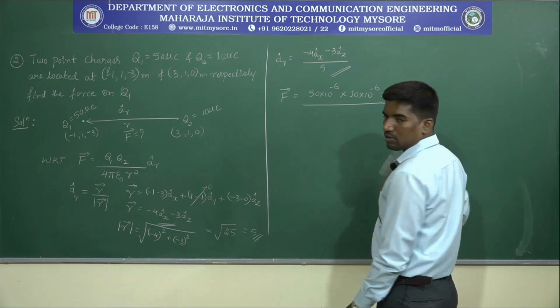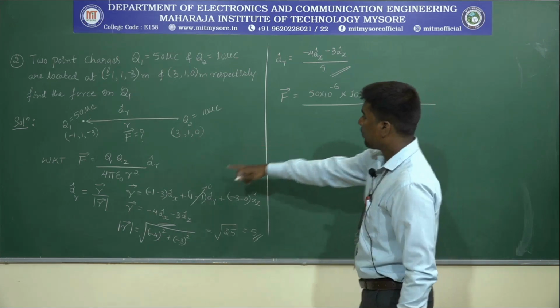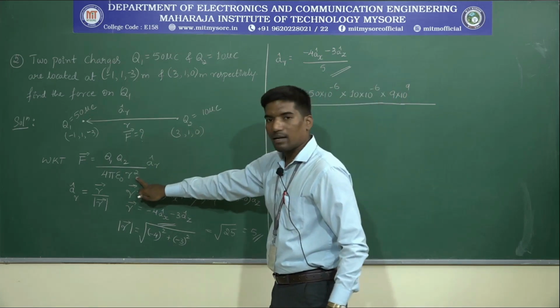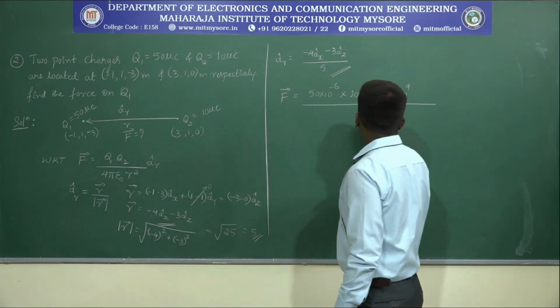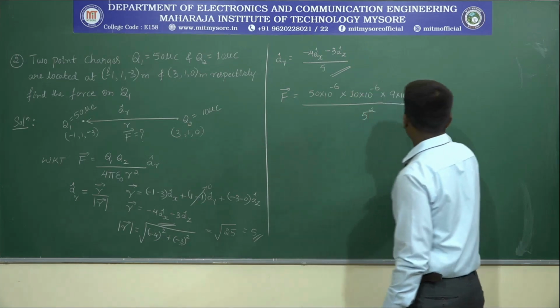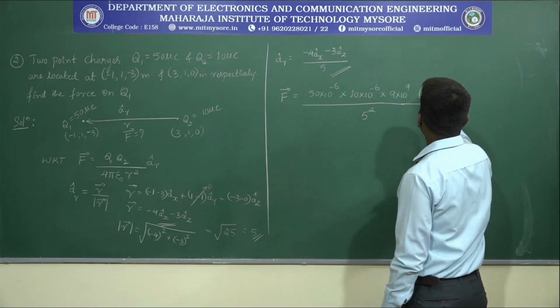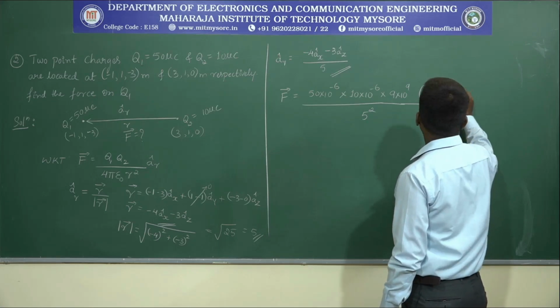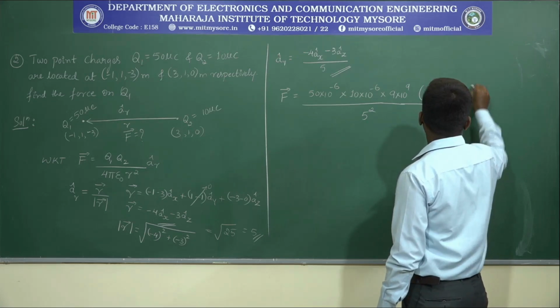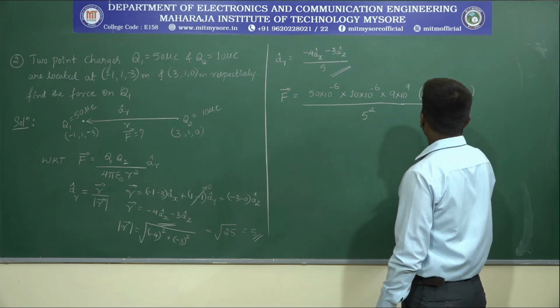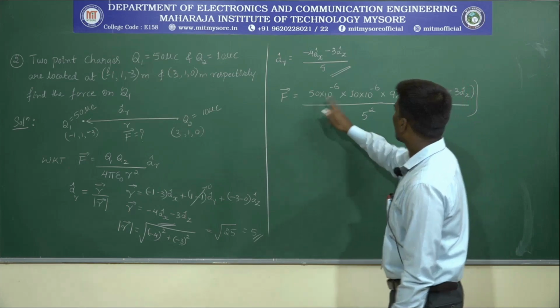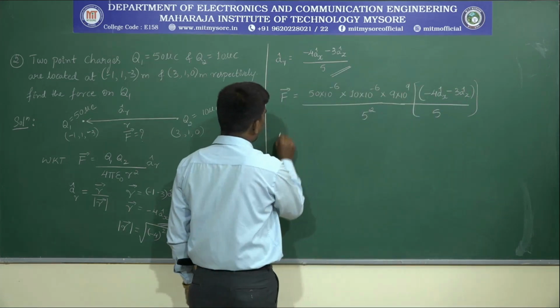1 by 4 pi epsilon naught can be written as 9 into 10 power 9. We know the approximation from the previous problem. What is r square? 5 square. R square can be written as 5 square into the unit vector. What is the unit vector? Minus 4 a cap x minus 3 a cap z divided by 5. This is the unit vector. Now solve this. See how much we are going to get.